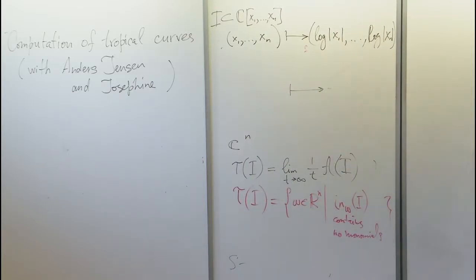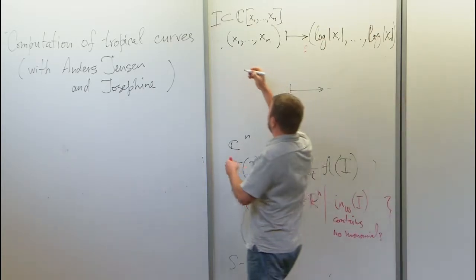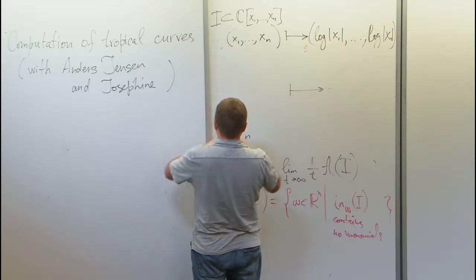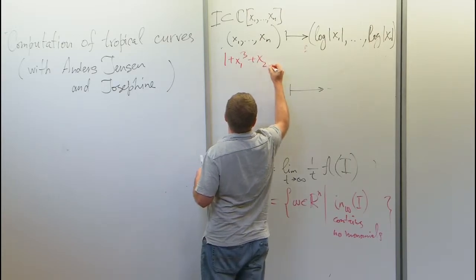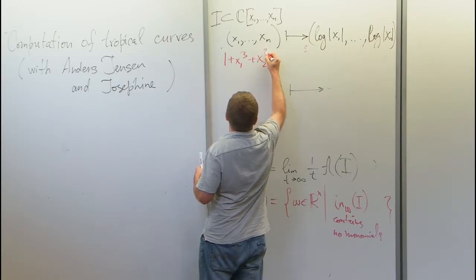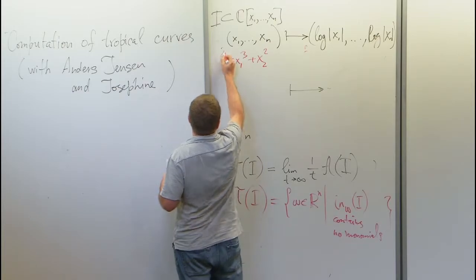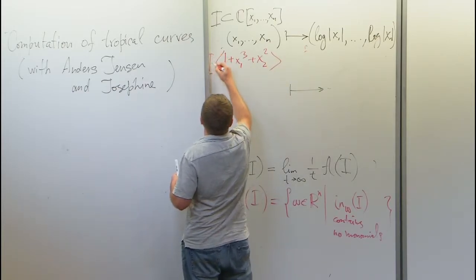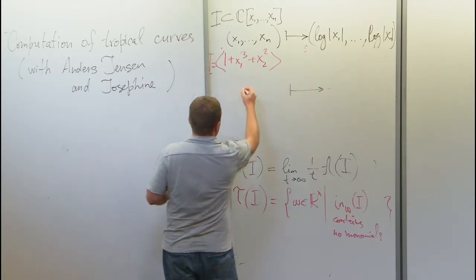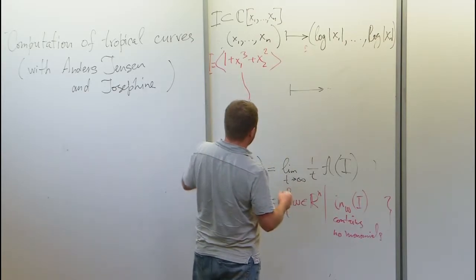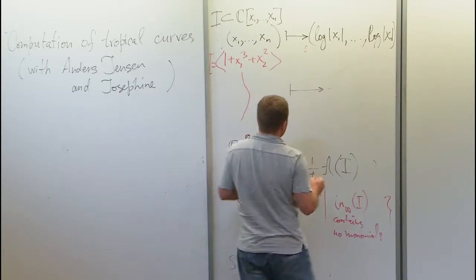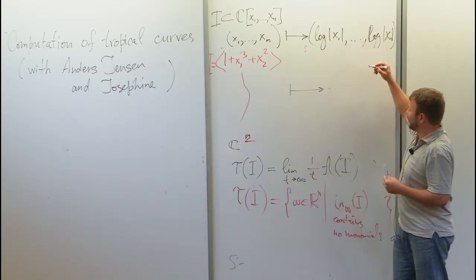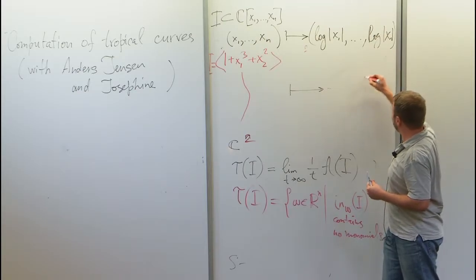So maybe just to give a more concrete example, let's do the following curve. 1 plus x1 cubed plus x2 squared is going to be our ideal, and that will be some elliptic curve in C2, and of course it maps into something like this.